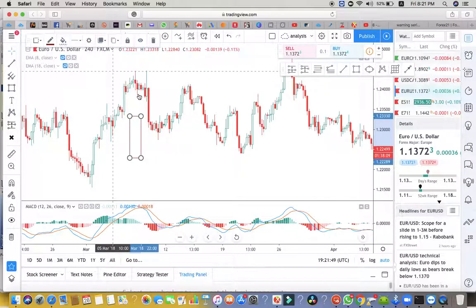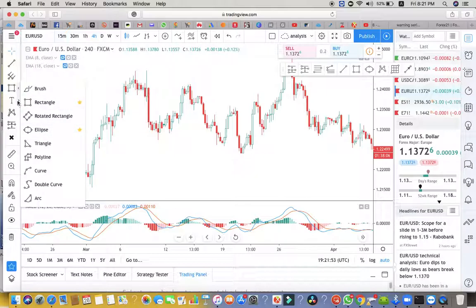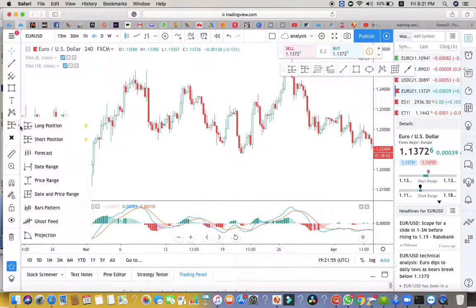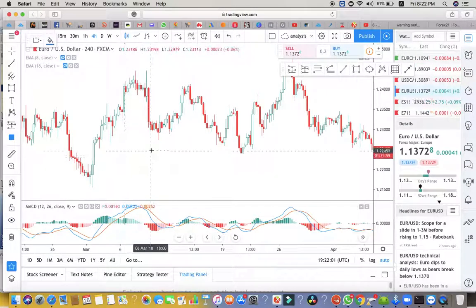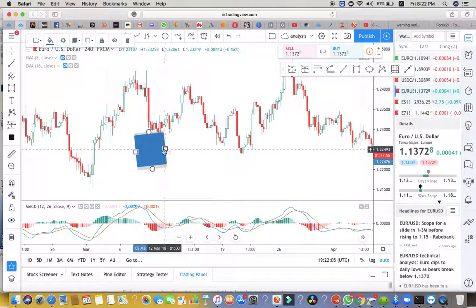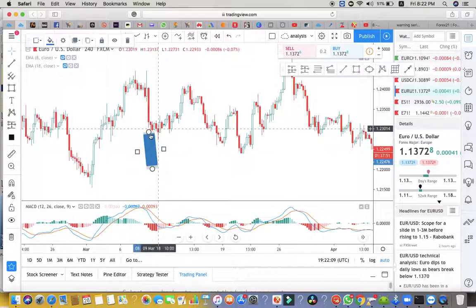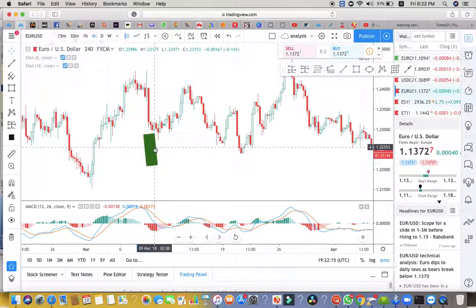It's supposed to be red. Okay, no problem, I know what to do. So here you go, trying to illustrate something. Let's say this is a green candle.